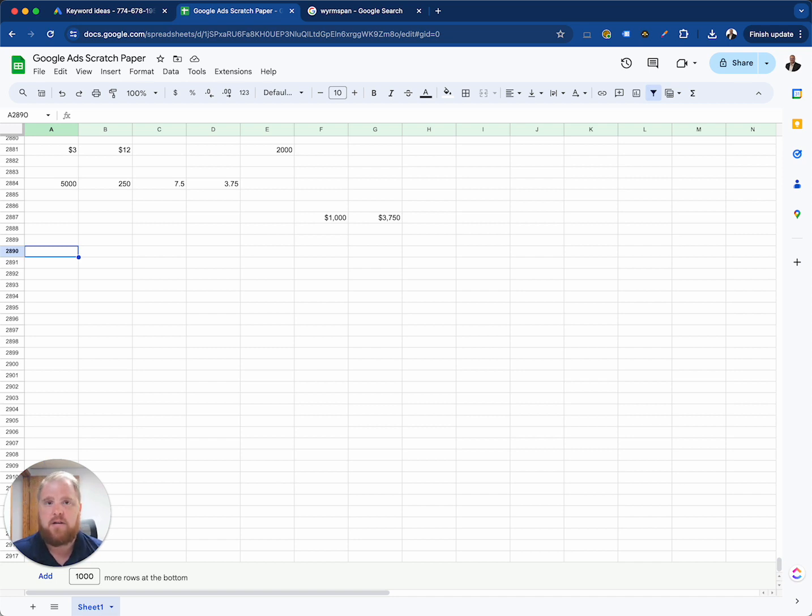You can filter them by region. You can do specific keywords and negative keywords. You can say, no, I don't want to be known as the cheapest Pokemon card sales store.